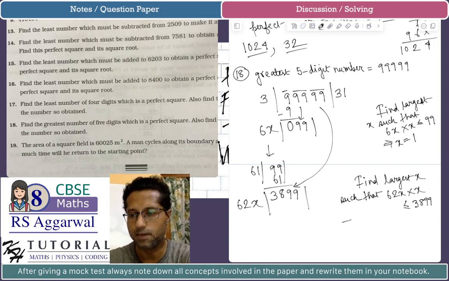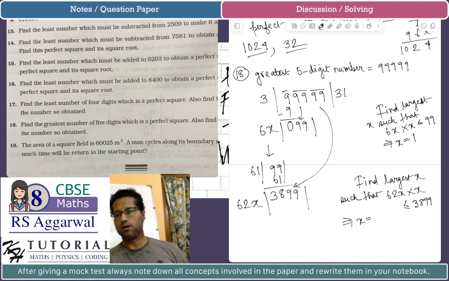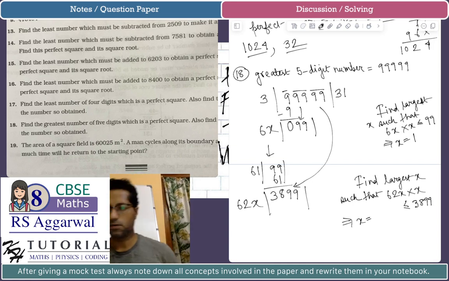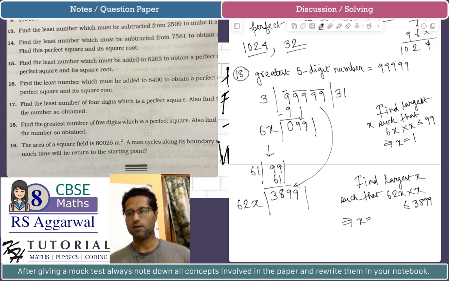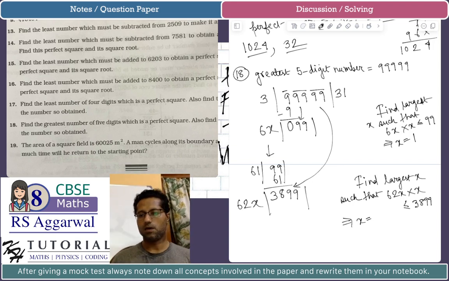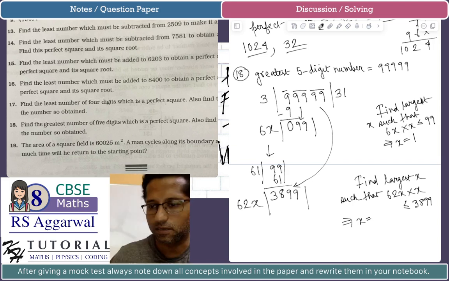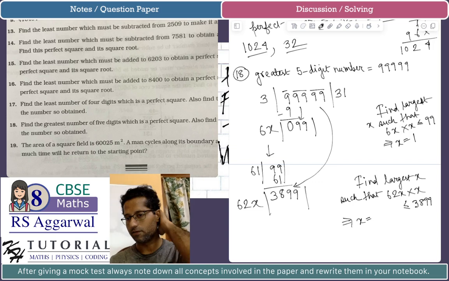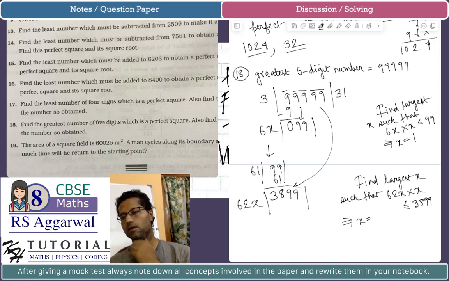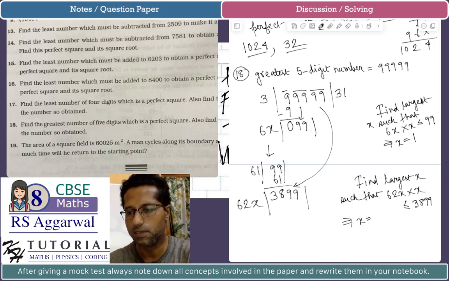What can x be? 3899, the rightmost digit is 9. So definitely x can be 7, or x cannot be 7 because it will exceed. If x is 7, then 627 multiplied by 7 will exceed 3899. So it has to be 6.